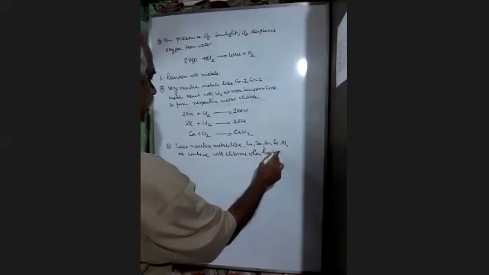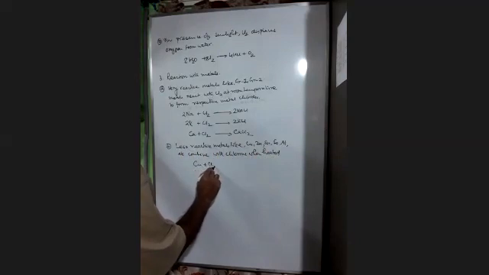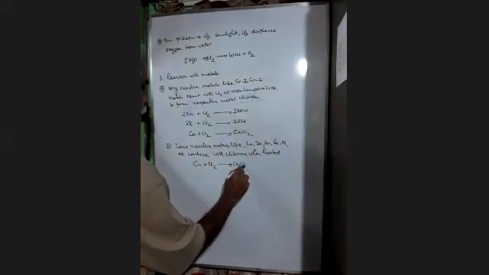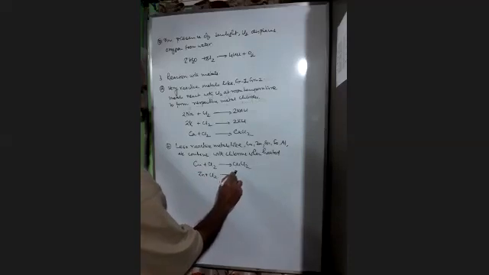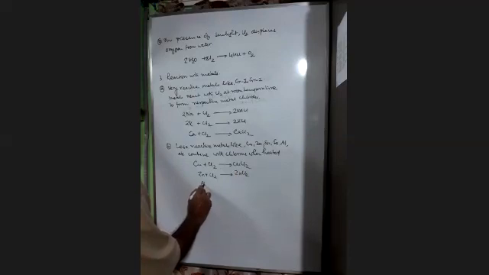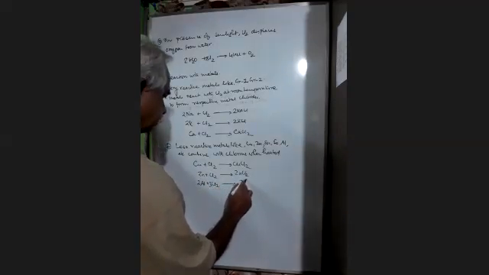Okay, so let me write it here. Copper plus Cl2 will give you CuCl2. Zinc gives ZnCl2. That's it.